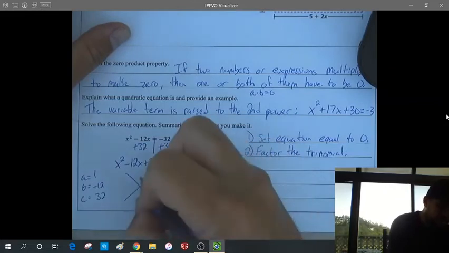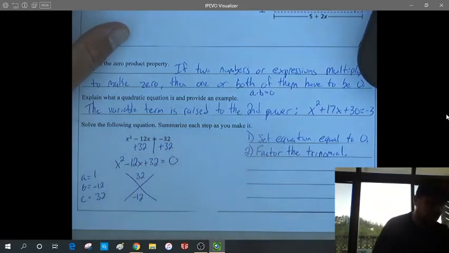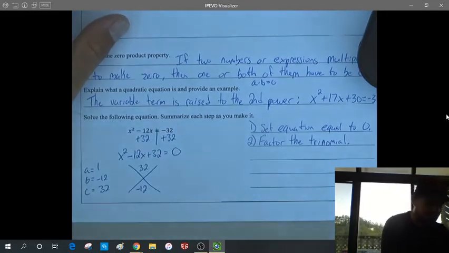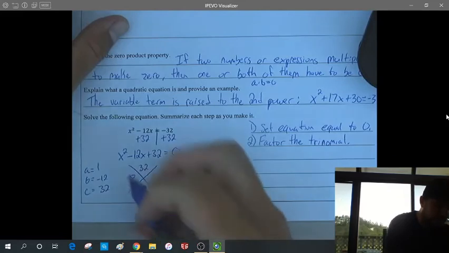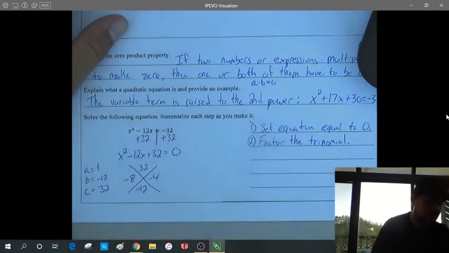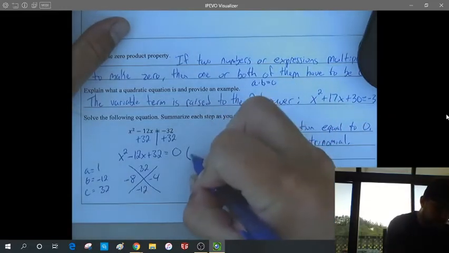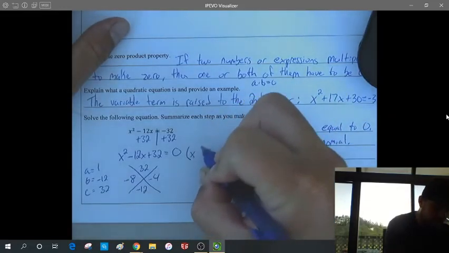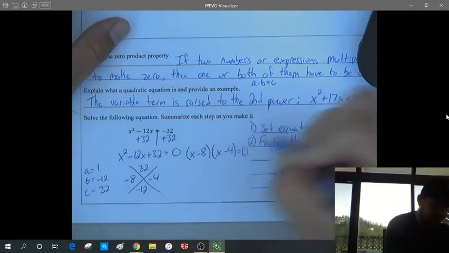I make my diamond, c on top, that's 32, b on the bottom, negative 12. So that would be 8 and 4. But in order to make a negative 12 on the bottom, they're going to have to both be negative, but by both being negative they multiply to make a positive 32 on top. I then can turn that into my binomial products. So x minus 8, x minus 4, now equal to 0.